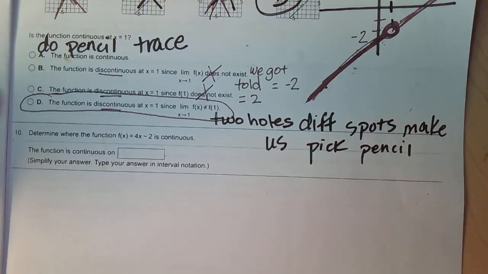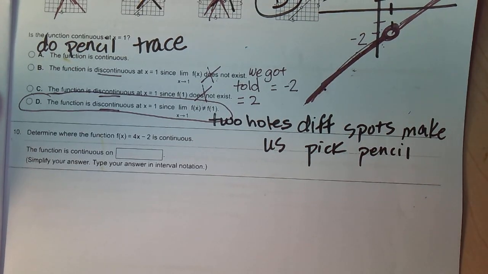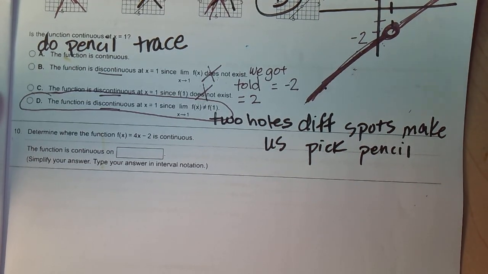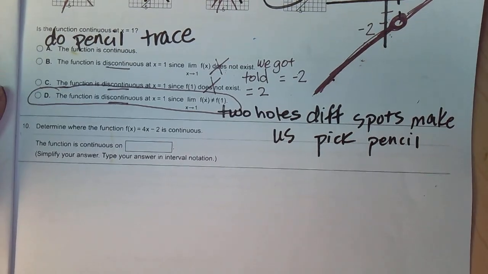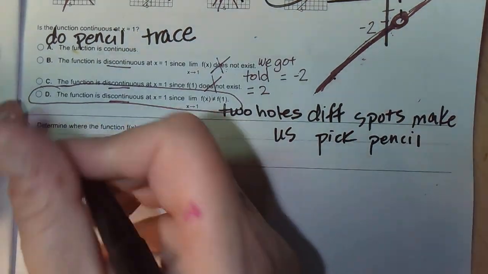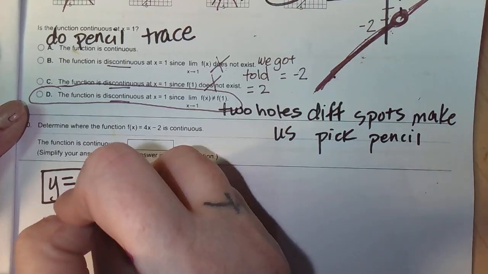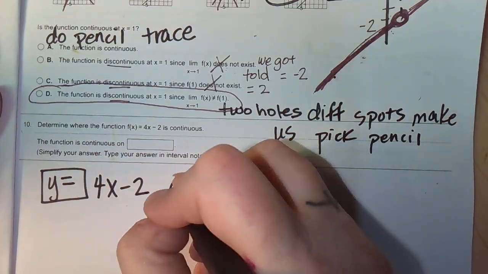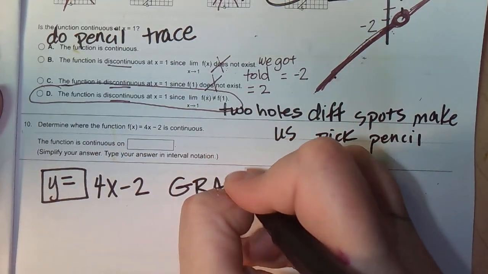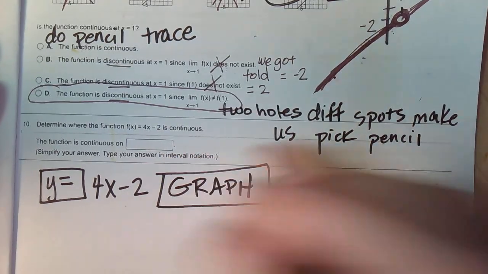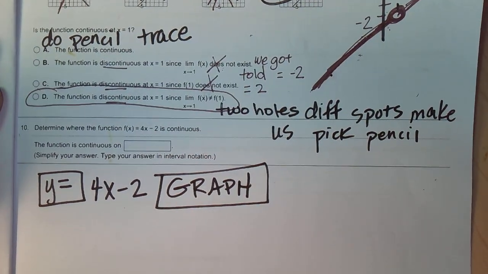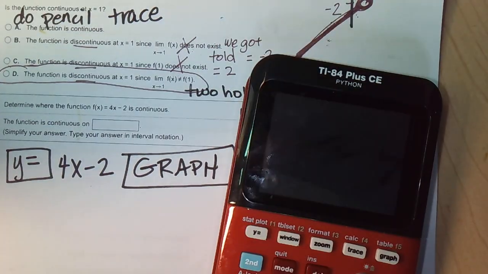It says determine where the function 4x minus 2 is continuous. Okay, well, if you want to, you can press y equals and then put it in the calculator and press graph. And then if I have to pick up my pencil to trace it, it's boo-boo.